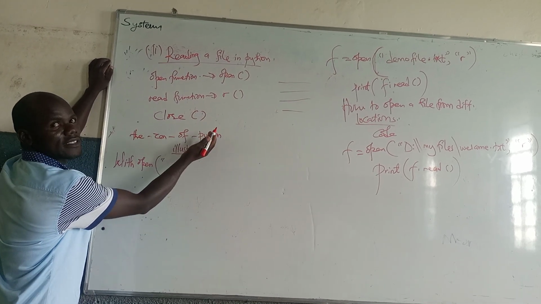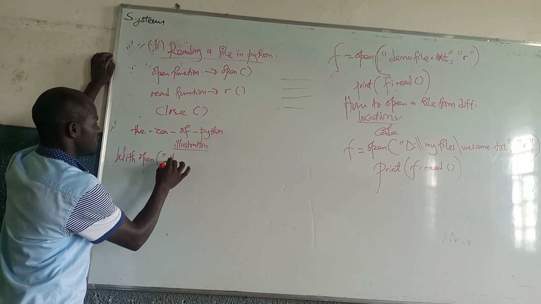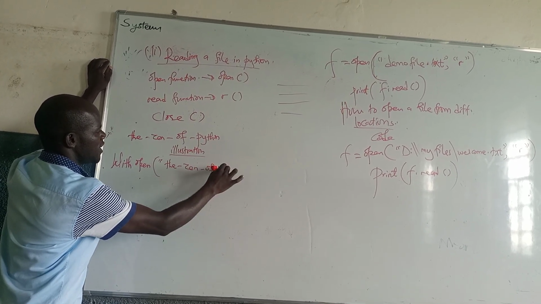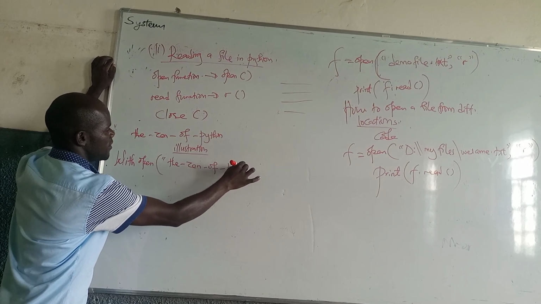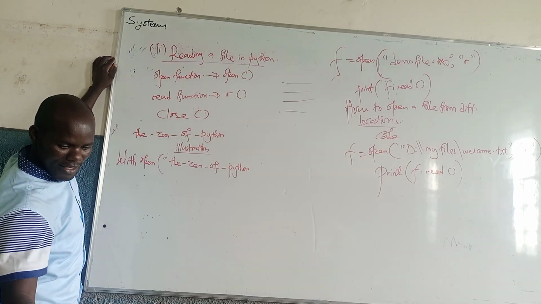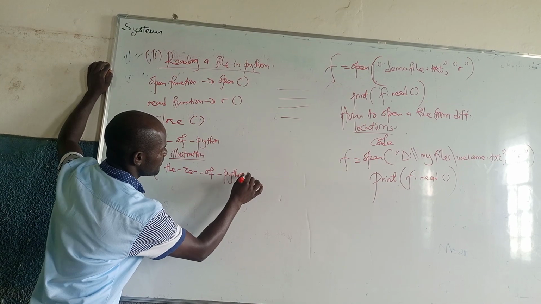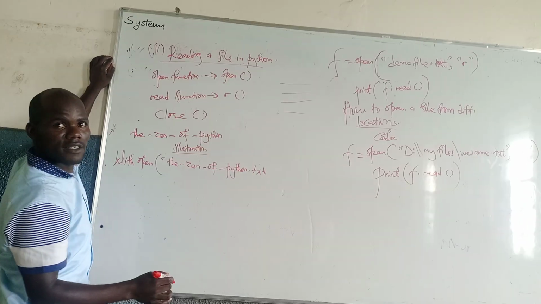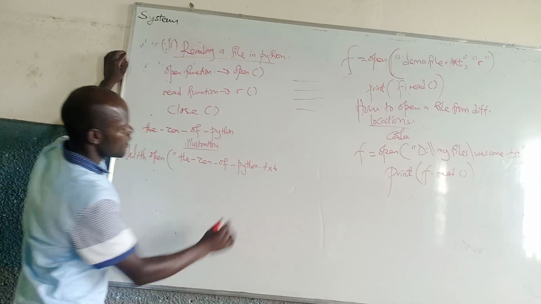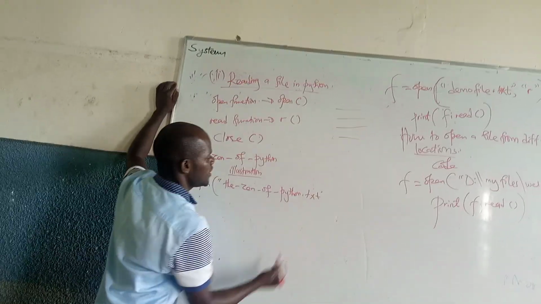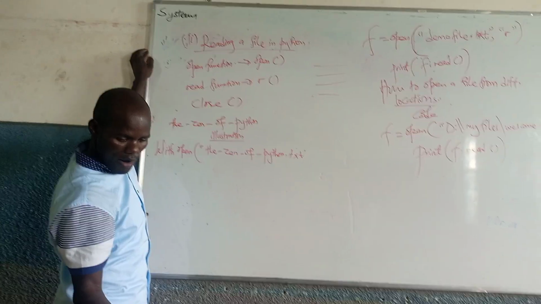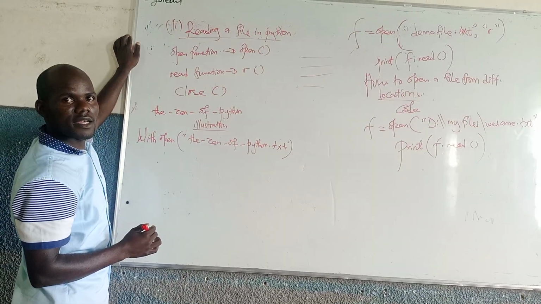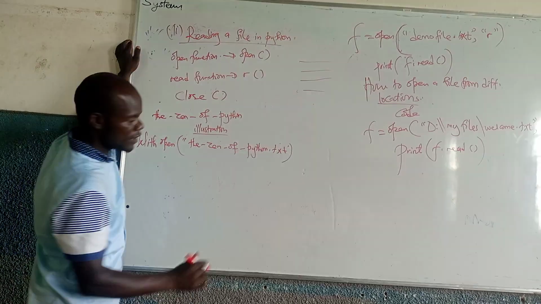You insert this: the Zen of Python .txt. Our file is called Zen. Then close the quote and close the bracket.